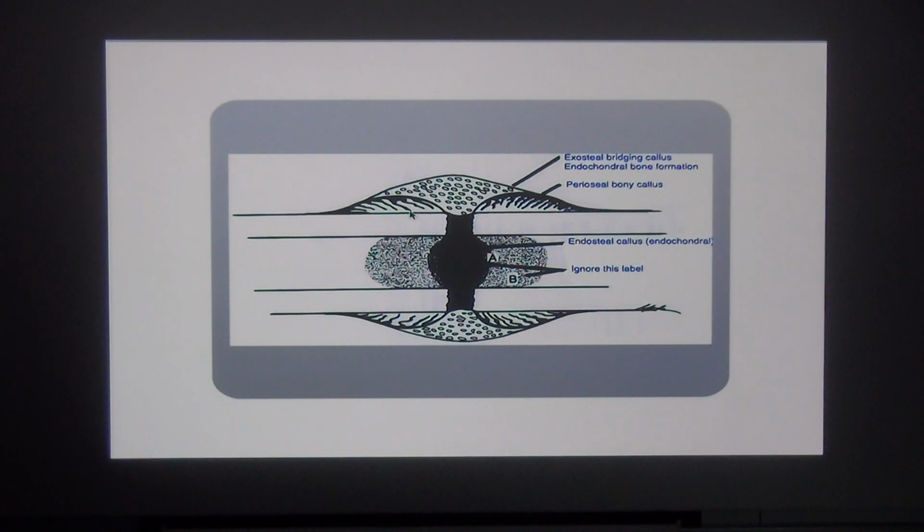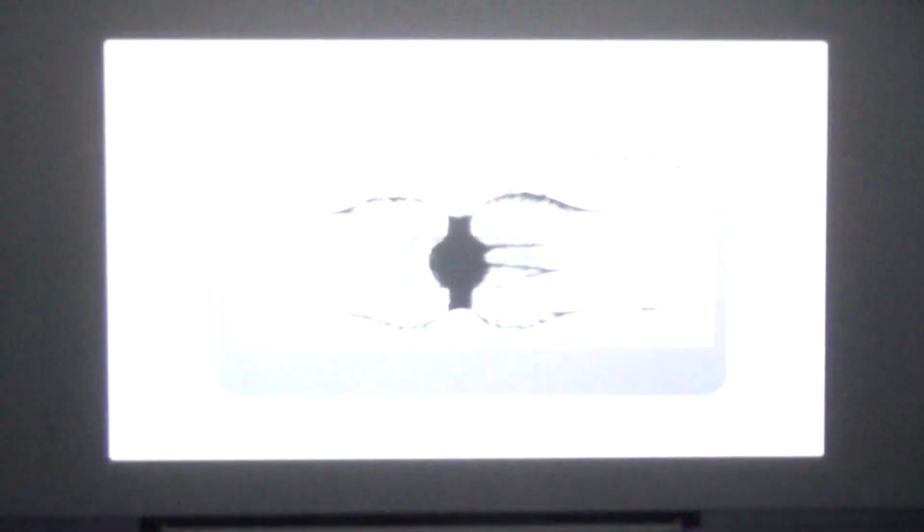What kind of bone production is that? You were here last time. What kind of ossification is that? Is it endochondral or is it intramembranous? It's intramembranous.